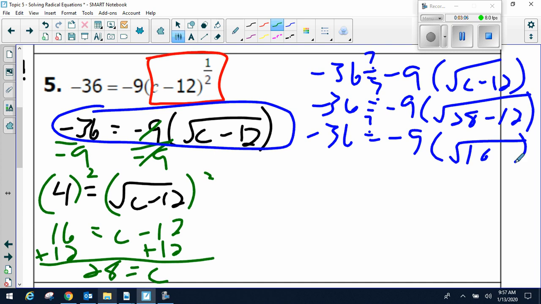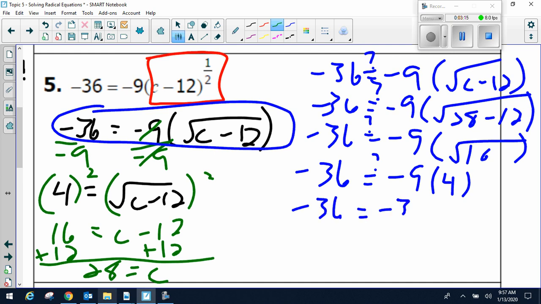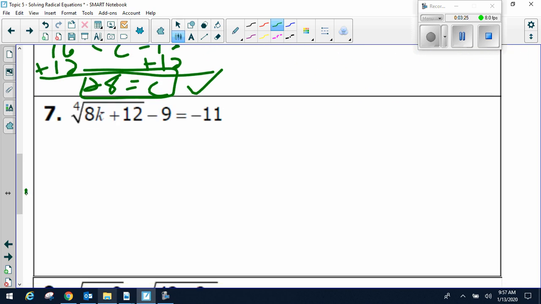Well, the square root of 16 is 4. So you get -36 equals -36. That works, which means this solution works. All right, let's do another one.